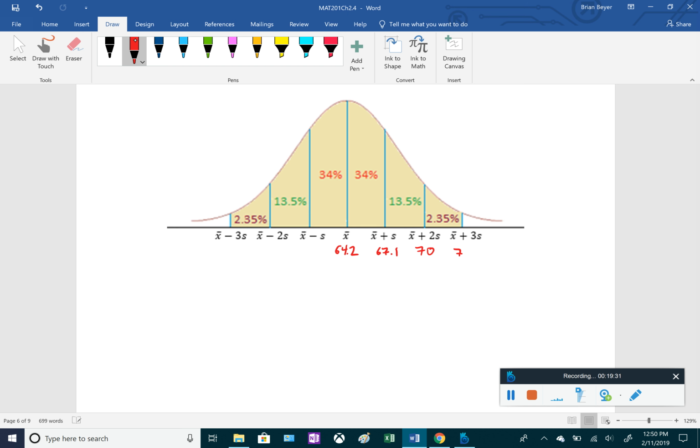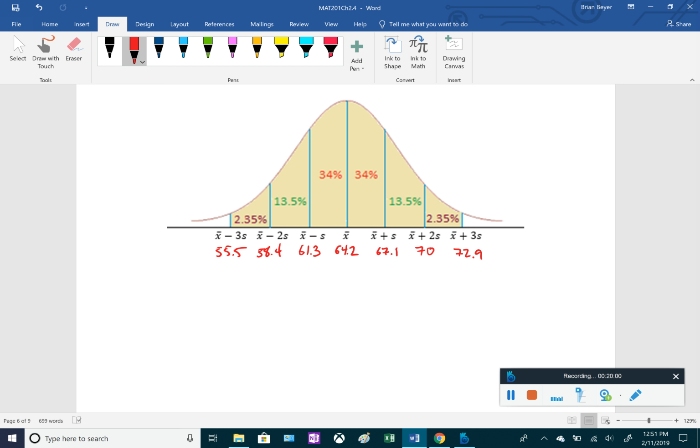And if we add one more, that gets us to 72.9. Then if we go back to the mean and subtract 1 standard deviation, meaning we subtract 2.9, we get 61.3. Subtract 2.9 again, we get 58.4, and subtract 2.9 again, we get 55.5.